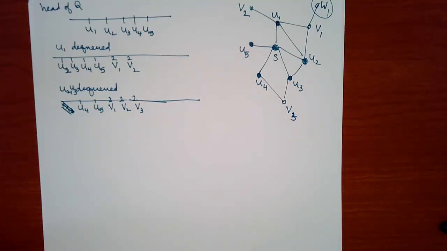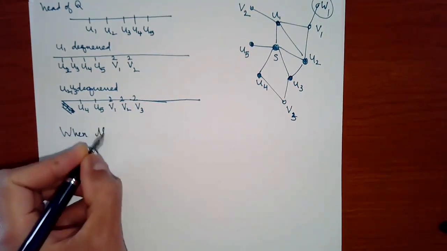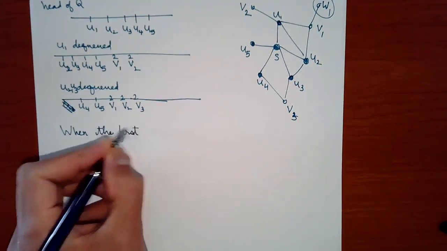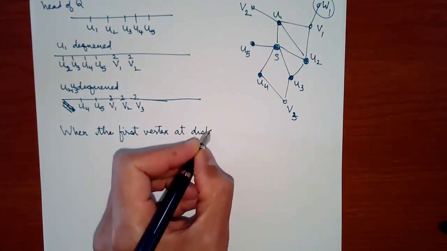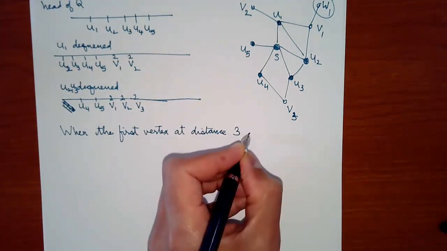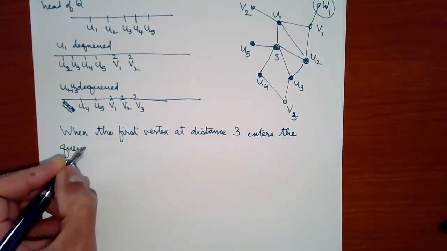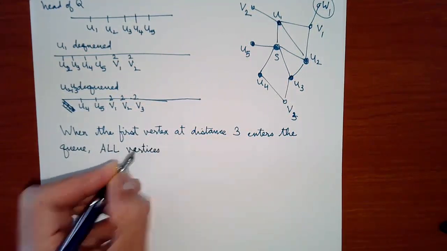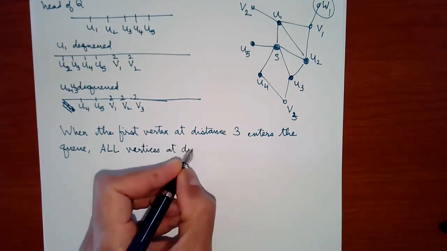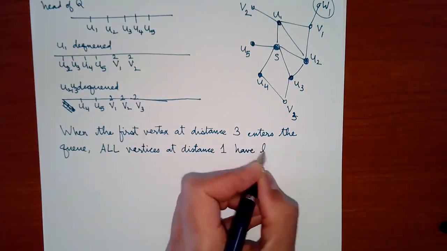I'll repeat that. When the first vertex at distance 3 enters the queue, all vertices at distance 1 have left the queue.